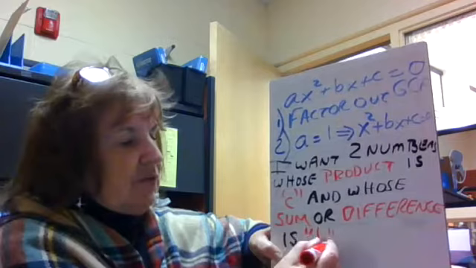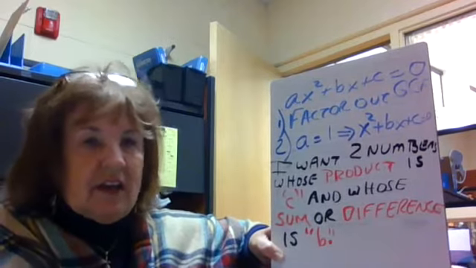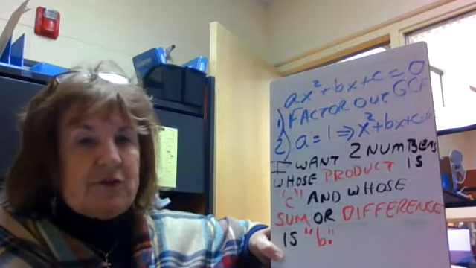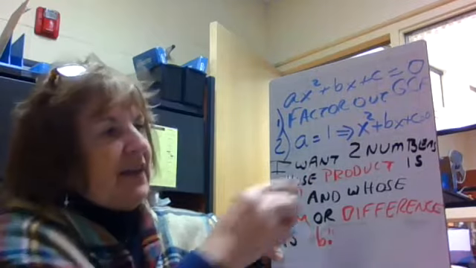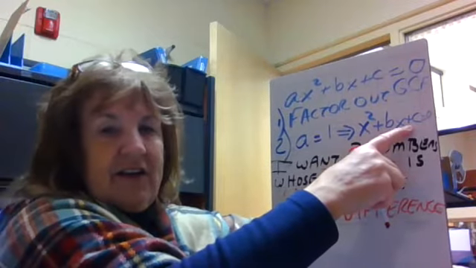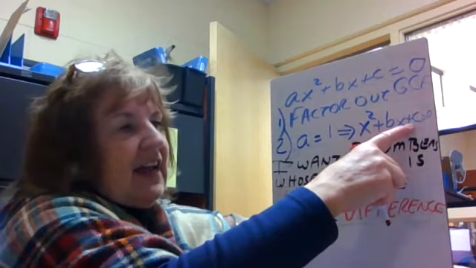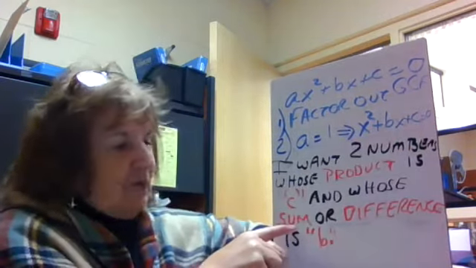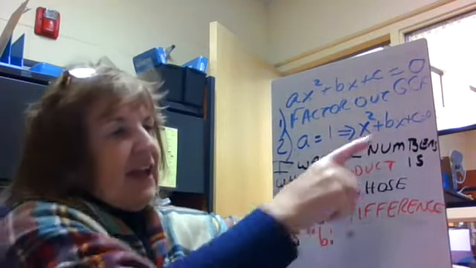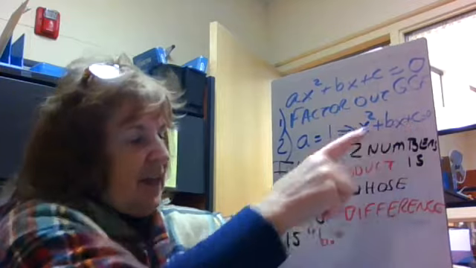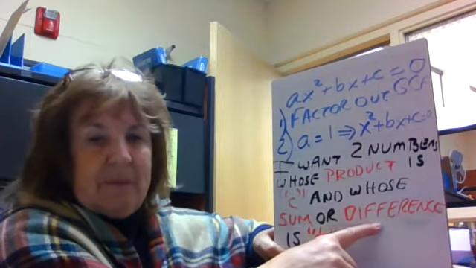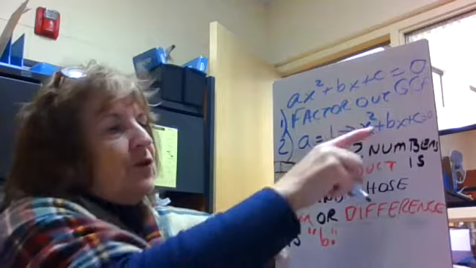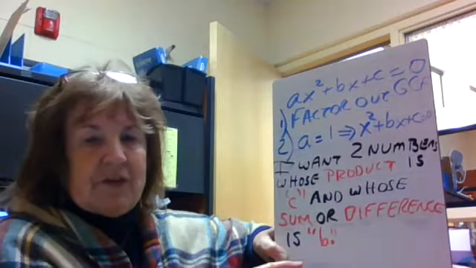Now the first question most kids ask is, okay, great, are they going to add or are they going to subtract? Well, that depends on this sign right here. If that sign is a plus, then we're adding them. If that sign is a minus, then we're going to subtract them. We do not care what this sign is when we're picking out the numbers to start with.